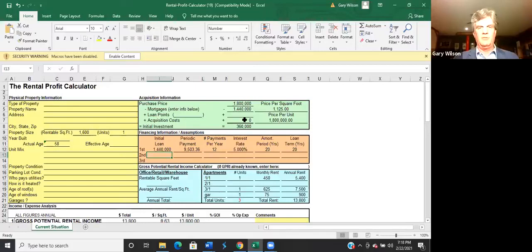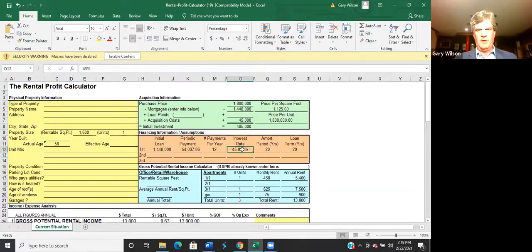Let's say we have additional acquisition costs of, let's say 90,000. Well, let me think about that. Let's say 45,000. Now our loan, we're going to say is a 20-year amortization, 20-year term, and I'm going to make the rate 4%.